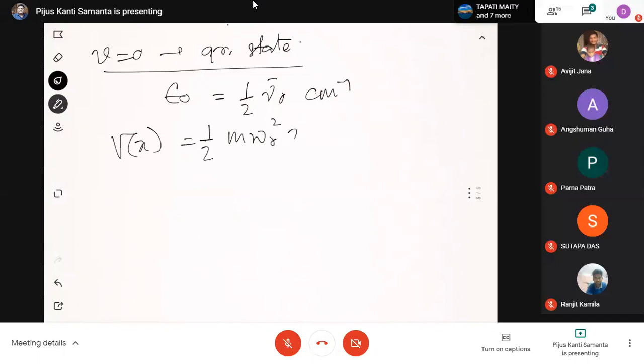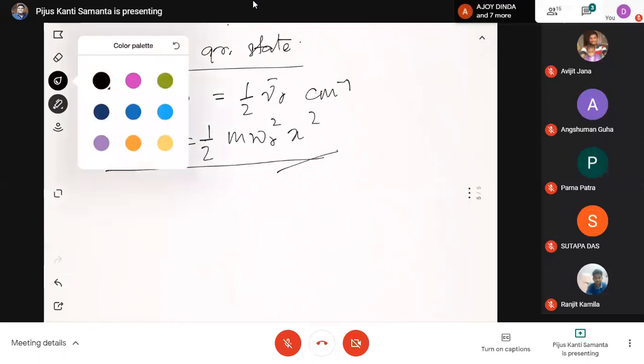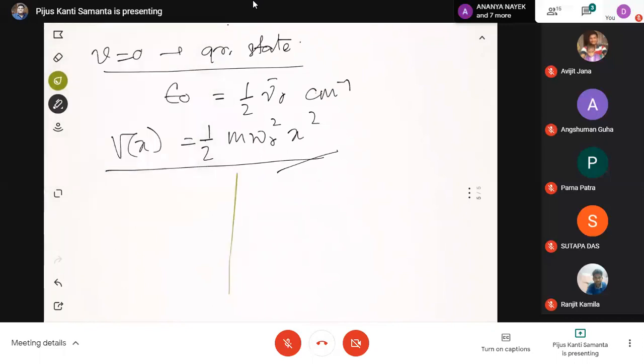Okay, so this was the potential energy. But in this case, the situation is quite different. The potential energy doesn't follow this kind of behavior. If you took this kind of behavior, then what will be the potential energy curve? If we have this is x, this is positive x, this is negative x, and we plot V versus x, we have a potential energy curve like this. Okay, so this is the potential energy curve.